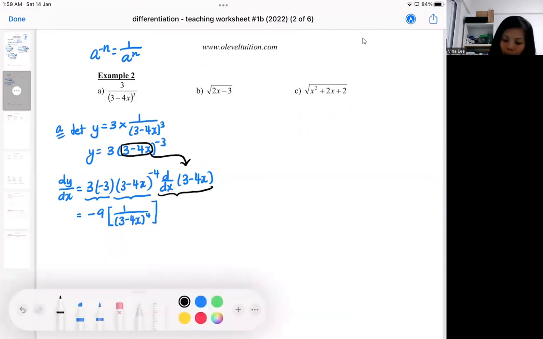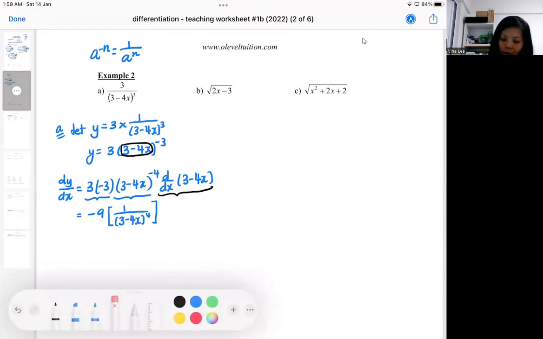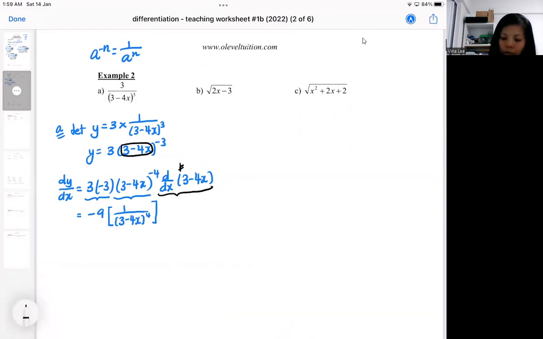So if you just isolate the function that's inside, differentiating 3 is first formula, this will be the second formula. So by now, maybe it's also very obvious. So you get a 0 minus 4. So all in all, minus 9 and 0 minus 4, which is a minus 4. So that gave me 36 over 3 minus 4x power 4.